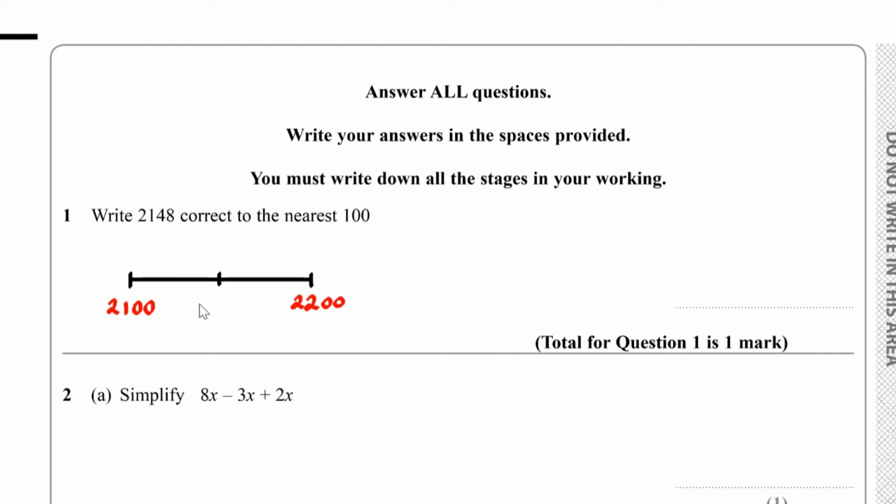Our halfway point is 2150, and our number is less than the 2150, and therefore we would round down to the 2100.